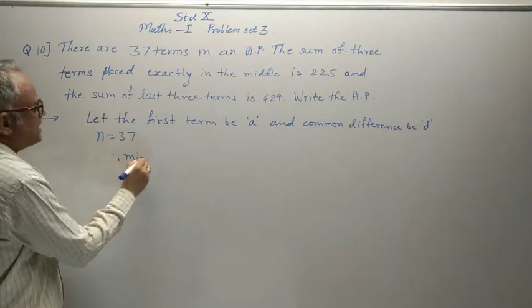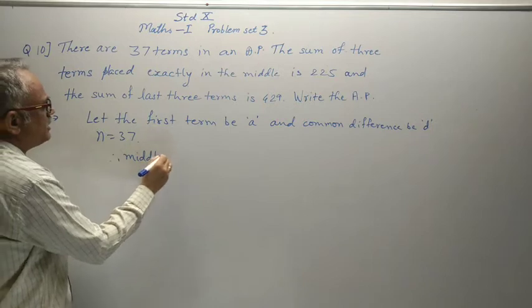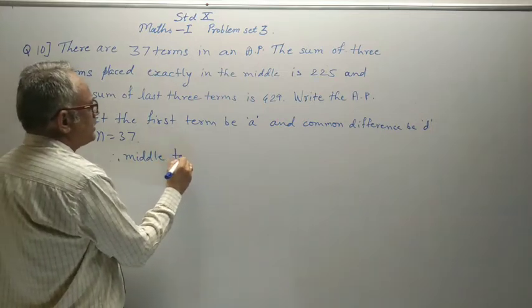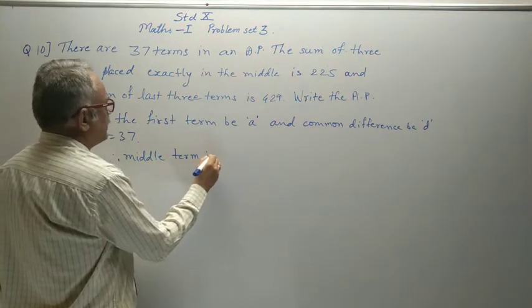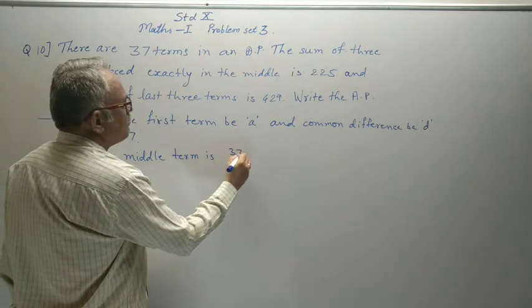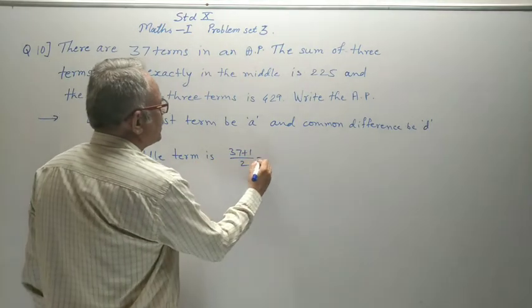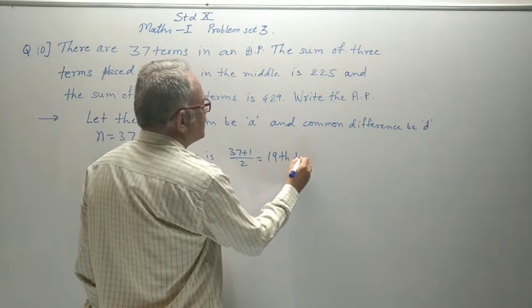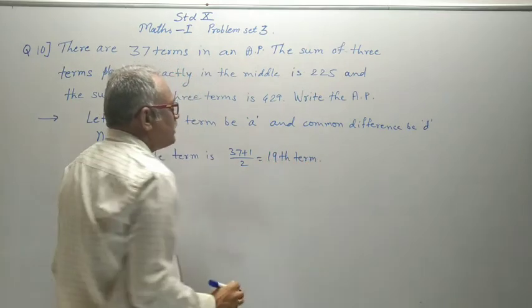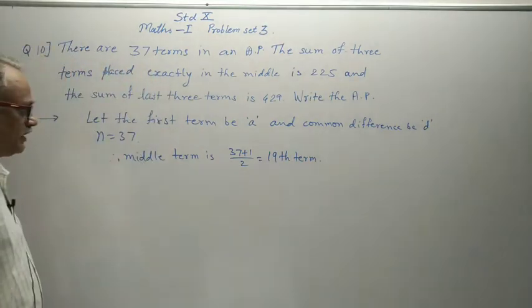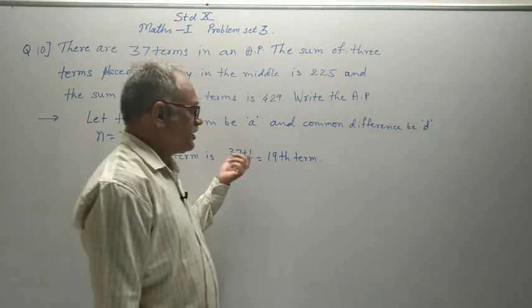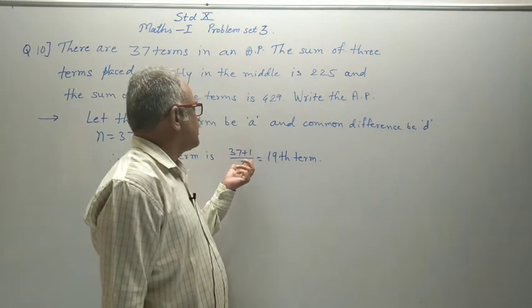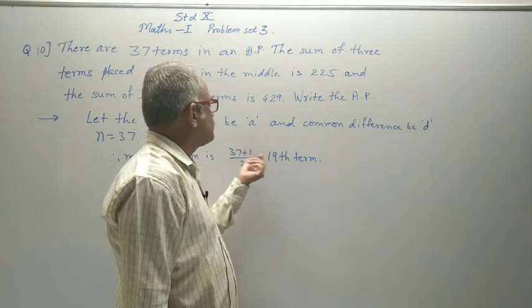Therefore, the middle term is 37 plus 1 upon 2, 38 upon 2, the 19th term. The middle term is the 19th by the median property: the median for an odd number of terms is the n plus 1 upon 2 term.